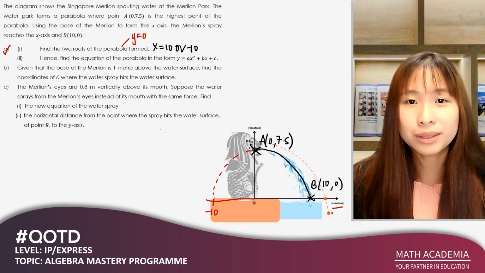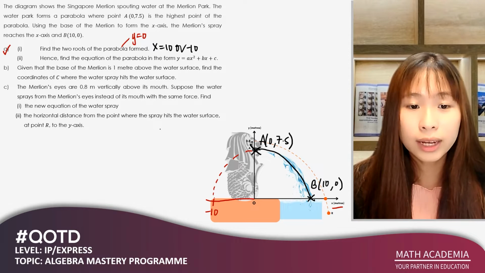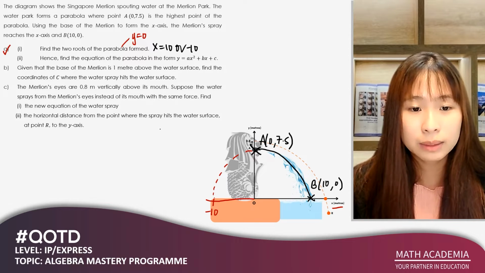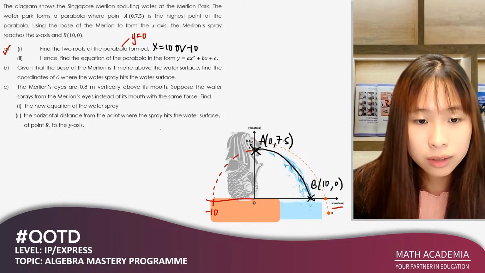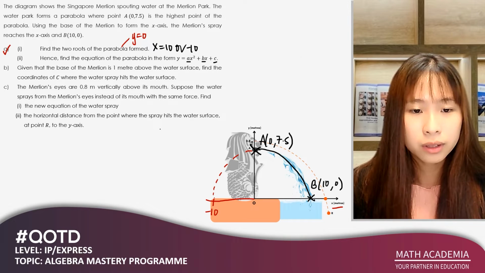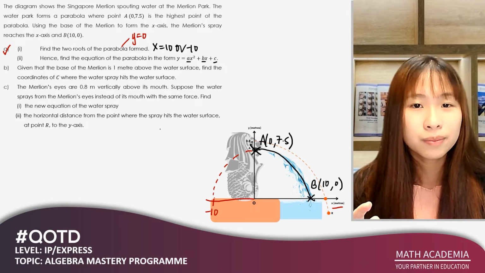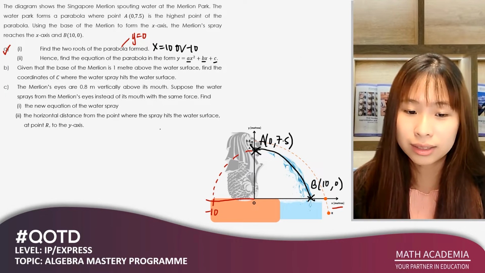Okay, then let's look at part 2 together. Hence, find the equation of the parabola in the form y equals ax squared plus bx plus c. There are three unknowns, a, b, and c, so we will need three equations to find three unknowns, and to find three equations we need 3 points.